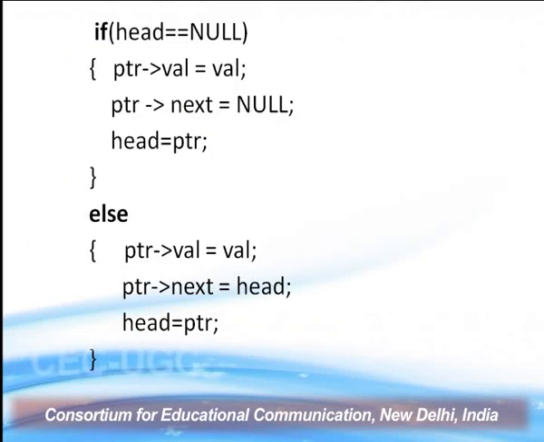In order to implement, we can check if top or head equals null, that means it has no values presently. PTR is a pointer variable which is pointing towards the newly created node. So, the data value val will be equal to the value passed by the user as the new data element, and then its next pointer will be pointing towards null.